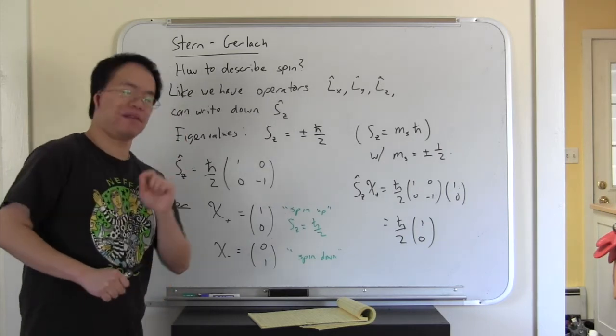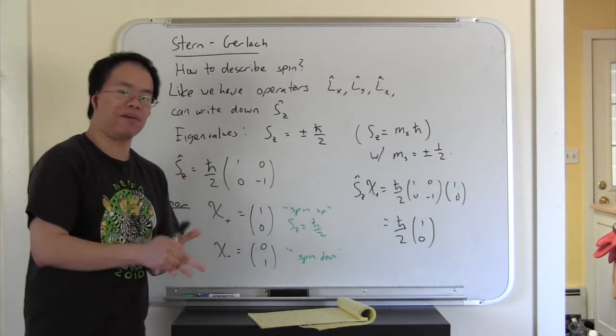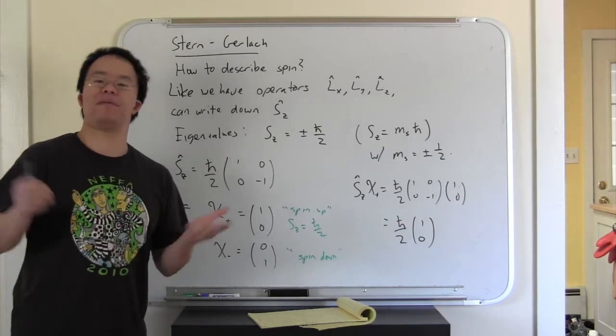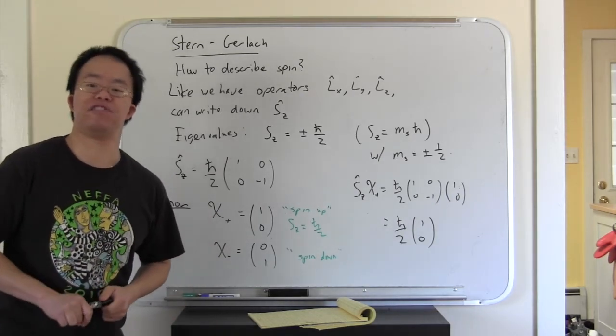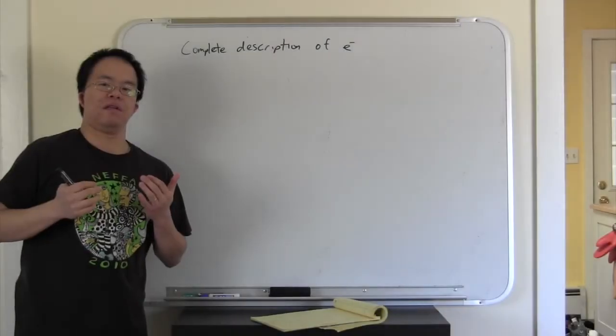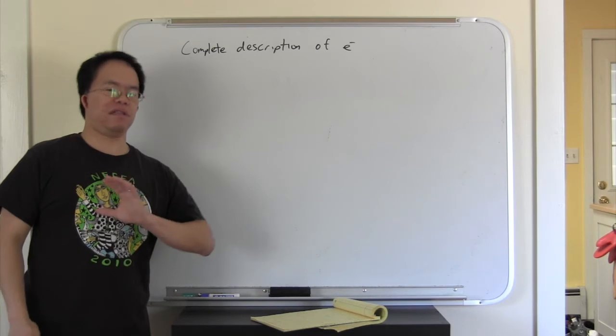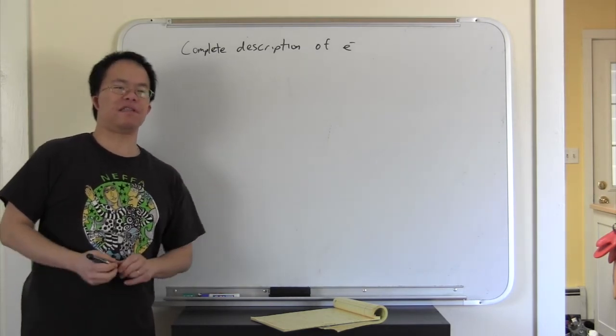So let me erase the board, and then I'll summarize what we can say about describing the full quantum state of an electron in hydrogen. To completely describe an electron in hydrogen, let's assume that it's an energy eigenstate.